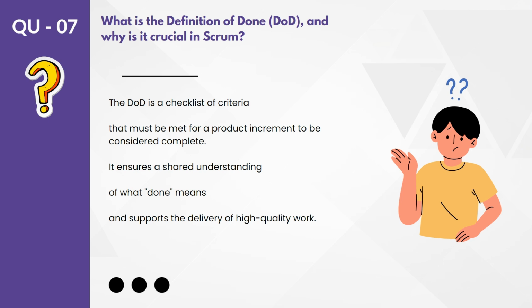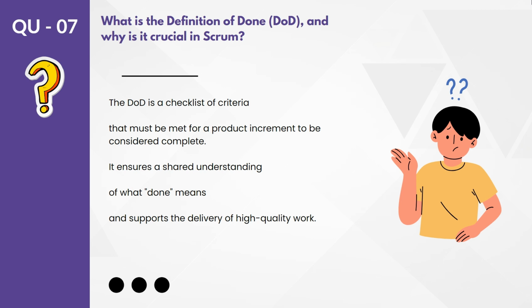Because to call the delivery value an increment, there are certain points in the checklist, and each point needs to be ticked off. So it's a shared understanding across different people. So it ensures standardization.